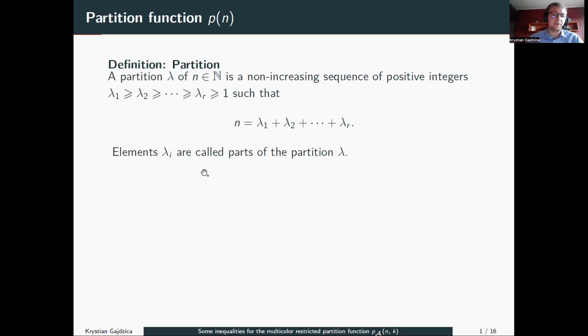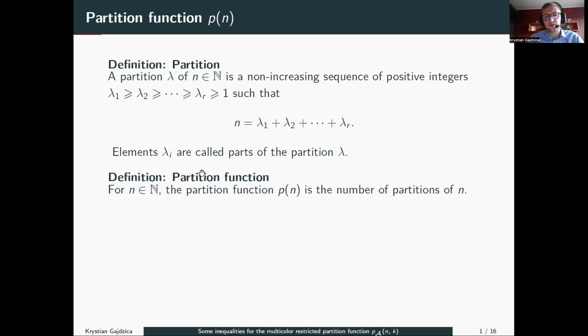And now, if you have a definition of a partition, one can ask how many such partitions there exist for a given parameter n. In other words, we may define a function which counts the number of partitions of n, and this function is called the partition function. Of course, this function can be extended to all integers n simply by putting 0 if n is negative.